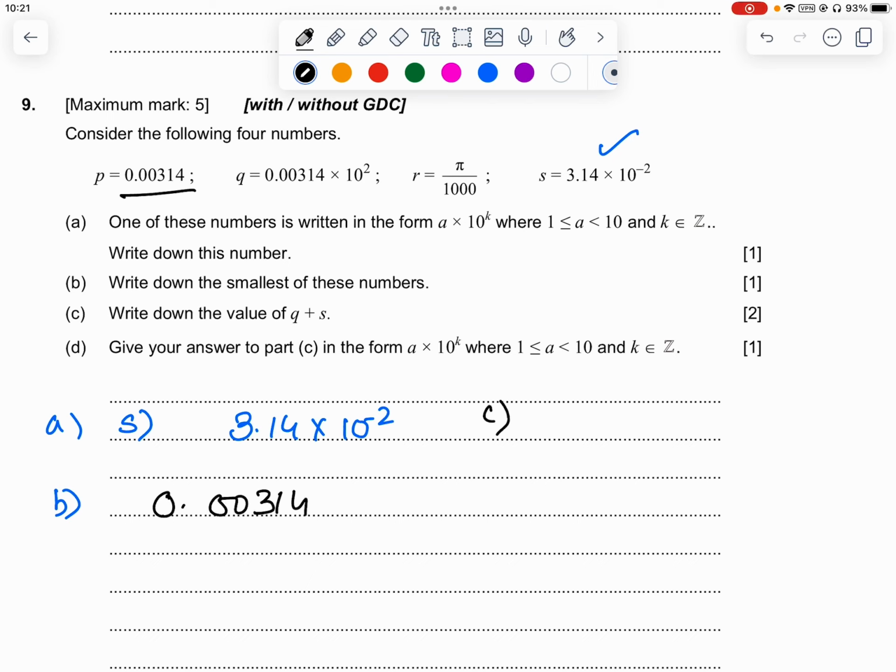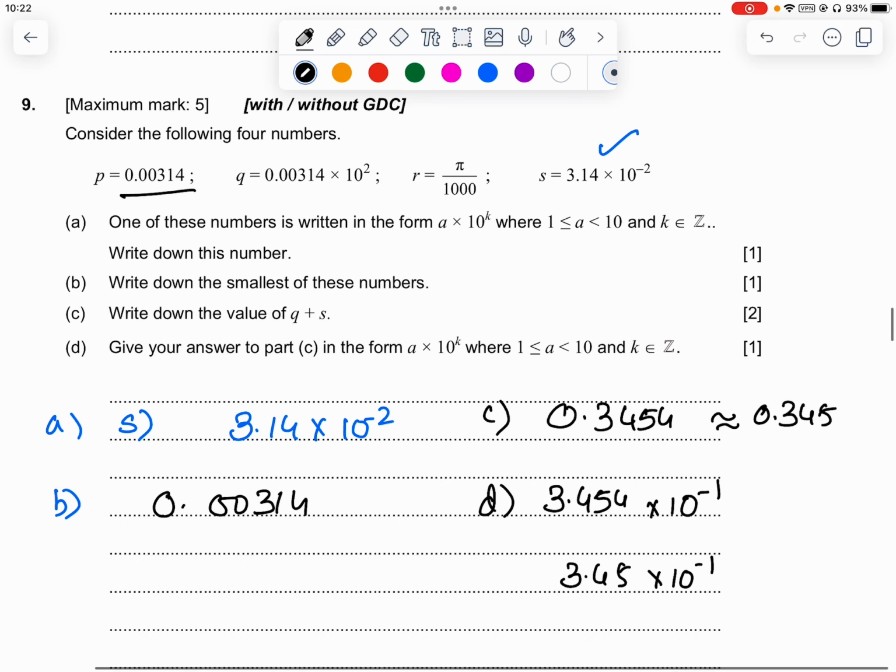Then part C, what is the value of Q plus S? When you add it, 0.3454, or else you can write 0.345. Give your answer in part C in standard form. So it becomes 3.454 times 10 power negative 1, or 3.45 times 10 power negative 1.